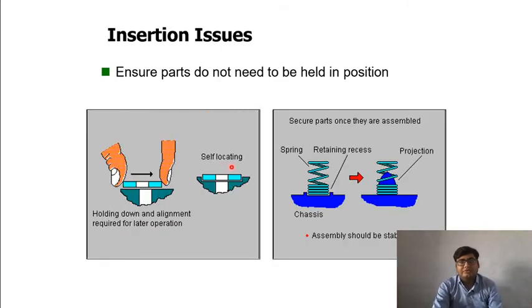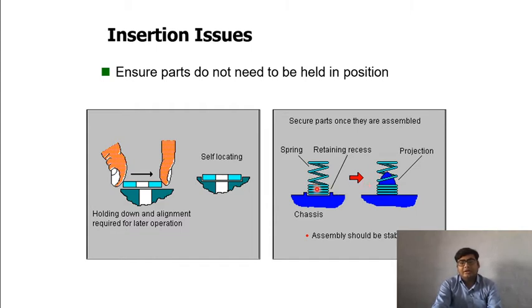And this is also an example of self-location. We do not need to worry about alignment of the wall, because we have designed for self-location. Otherwise, we need to align it with the wall, and it will require time. Here is also an example of self-location.